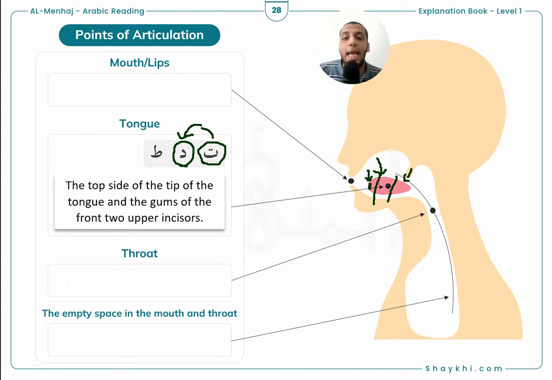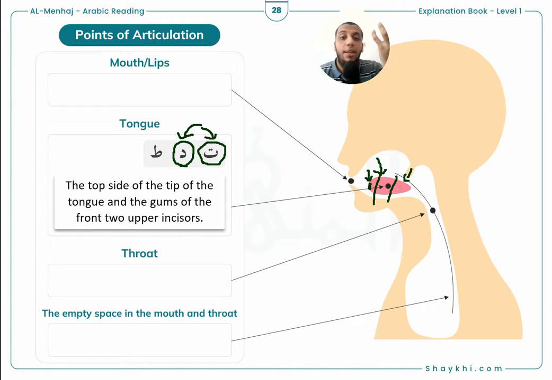But when we pronounce a ta, the vocal cords are not vibrated. Ta, da, ta. You can touch the vocal cords to feel that.